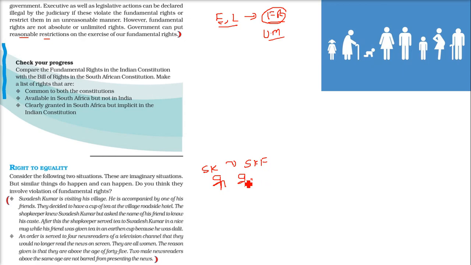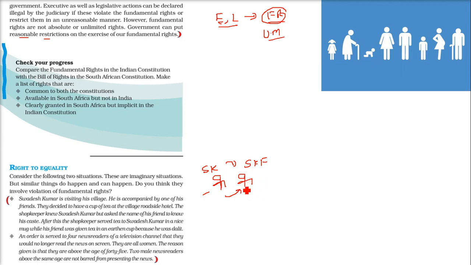They went to their village, meaning Sudesh Kumar was from the village and this guy was his friend. Now they wanted to have a tea. The shopkeeper knew Sudesh Kumar, but he didn't know his friend, so he asked about the caste of Sudesh Kumar's friend.